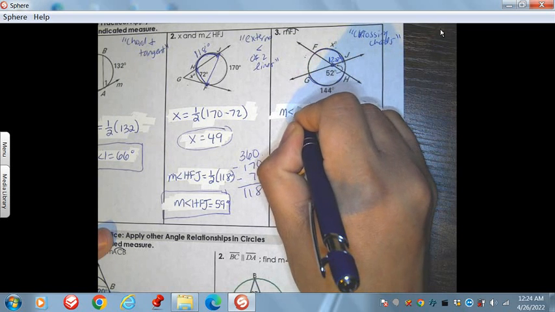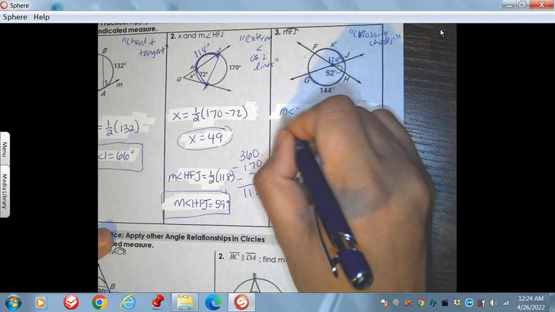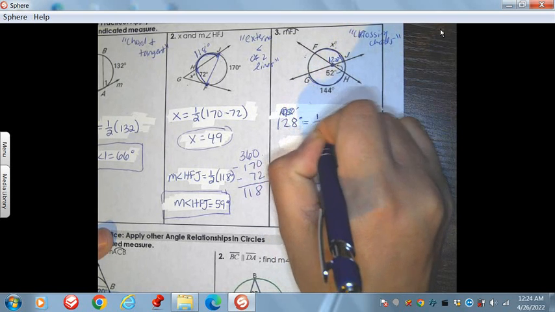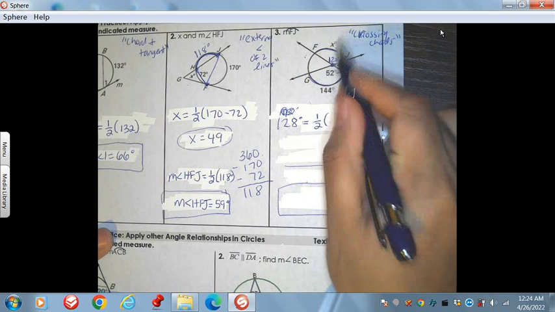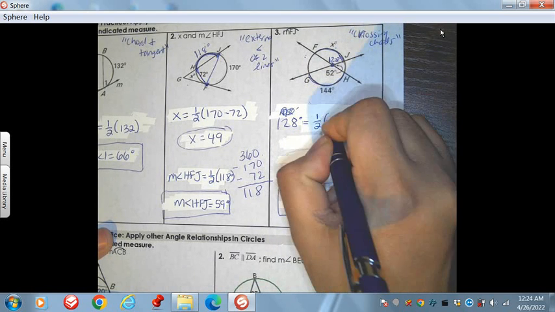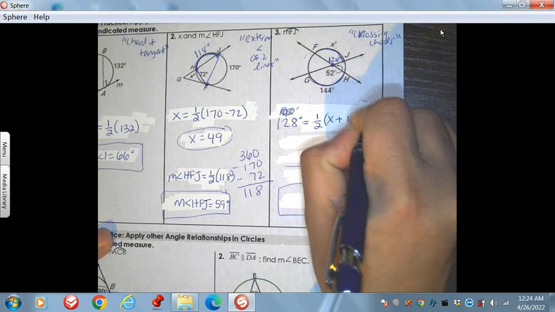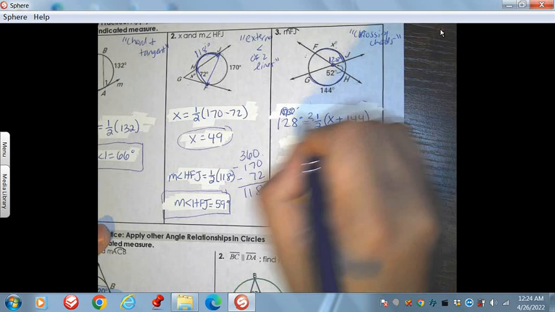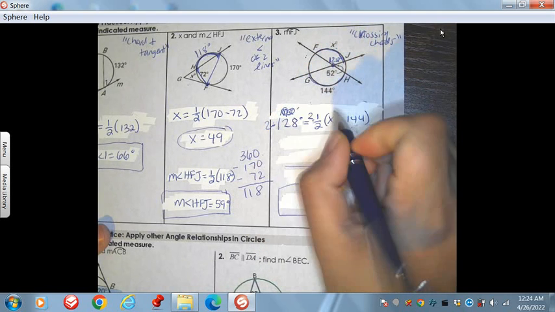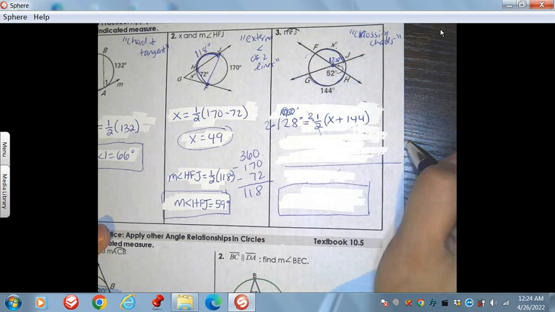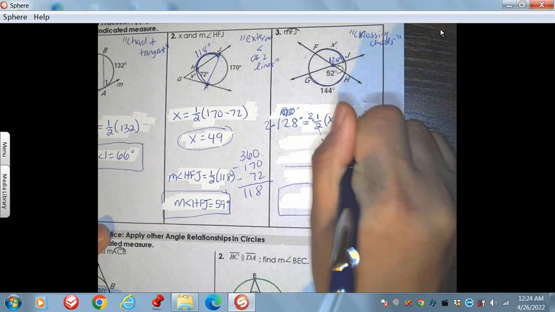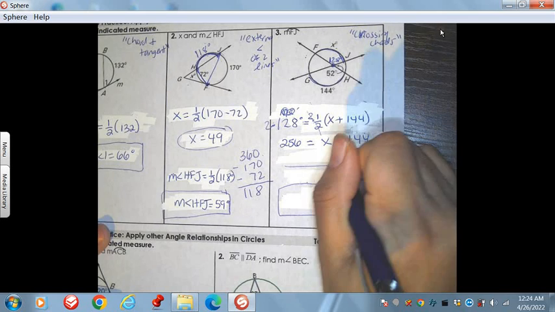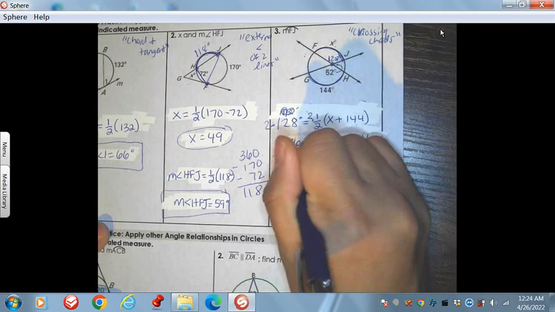You can either multiply by 2 on both sides, or you could have distributed instead. This would be x plus 144 is equal to 256, and then subtract the 144. So you find out that x is equal to 112. But now that I know x is 112, I can write my final answer as the measure of arc FJ is 112 degrees. And that's it.